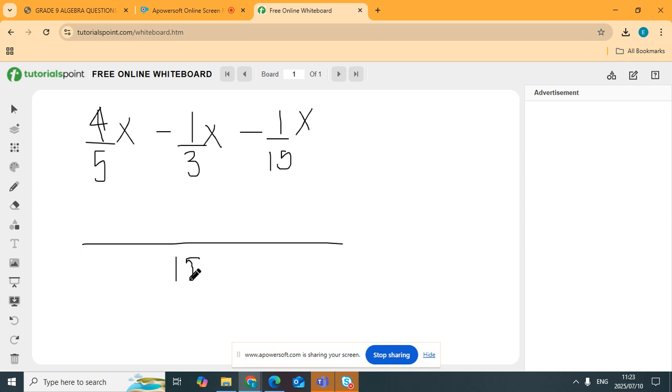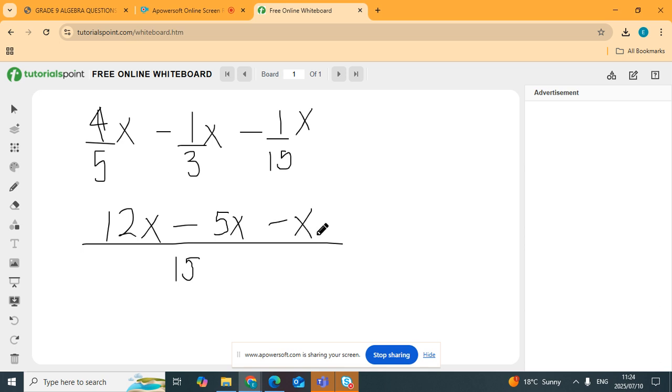Okay, what is 5 into 15? 5 into 15 is 3. 3 times 4x is 12x. Then you say minus. What is 3 into 15? It's 5. 5 times minus x, that's 5x. What is 15 into 15? It's 1. 1 times minus x, that's minus x, right?